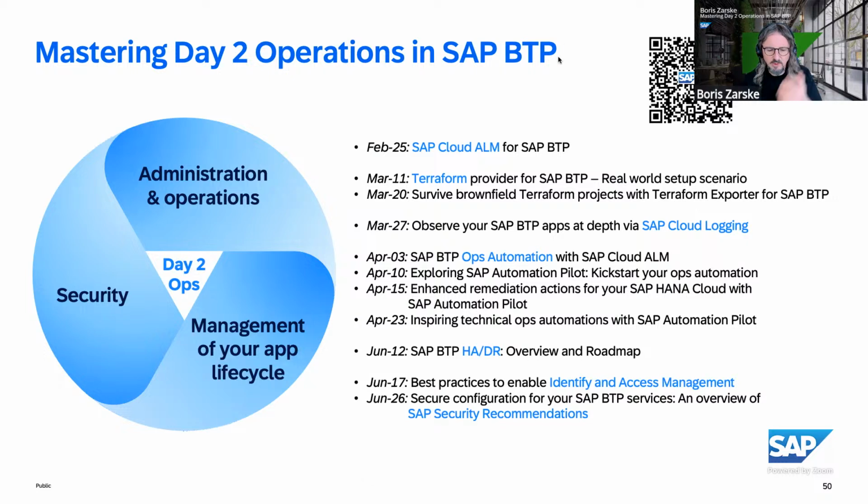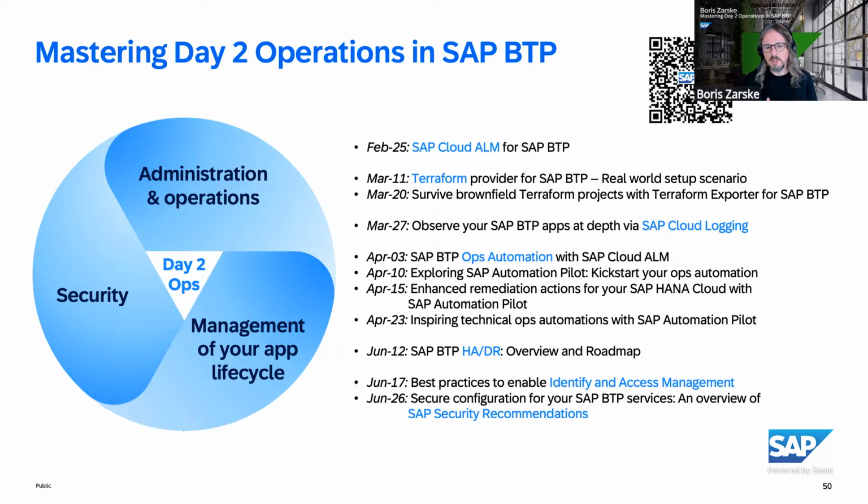Before then, in April, we will have our technical ops automation month, so to say, right? I mean, we will start again with an overview session from SAP Cloud ALM. They are focusing on especially this topic, how you can automate flows there triggered from SAP Cloud ALM. Before we then take a look at the SAP Automation Pilot Service, which is a service from SAP Business Technology Platform again.